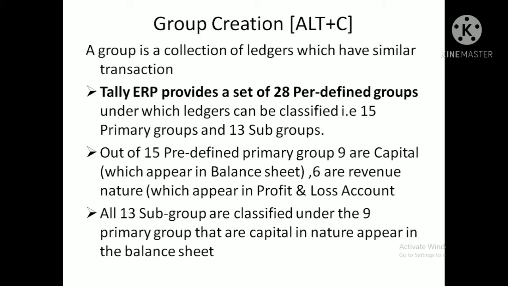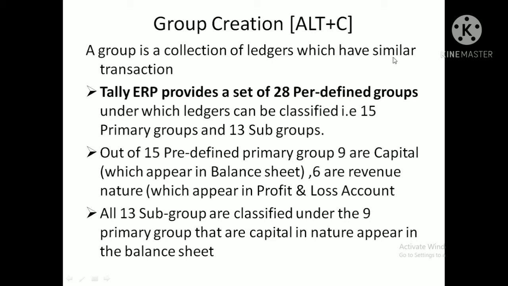Then Tally provides predefined groups, a total of 28 predetermined groups. Nothing but by default Tally has these groups.